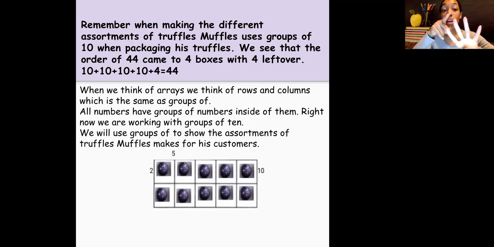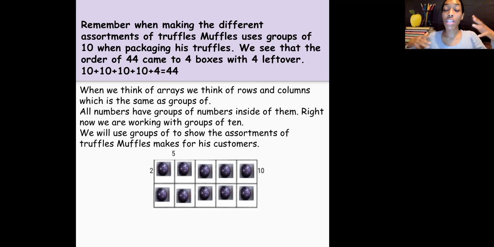You made 4 arrays of 2 by 5, and you saw that you had 4 left over. When we think of arrays, we think of rows and columns, which is the same as groups of. All numbers have groups of numbers inside of them. Right now, we are working with groups of 10. We will use groups of to show the assortments of truffles Muffles makes for his customers.